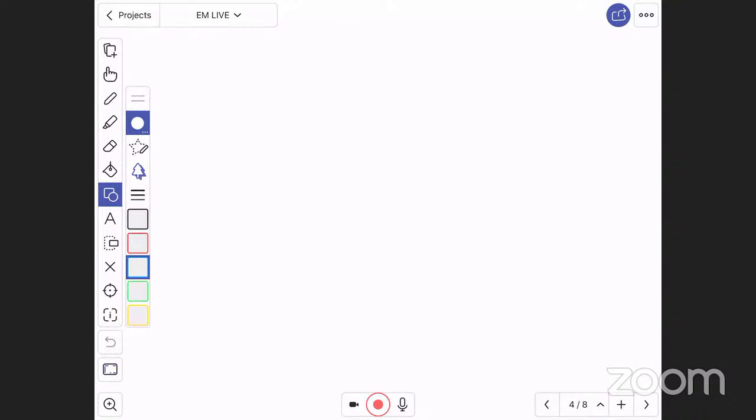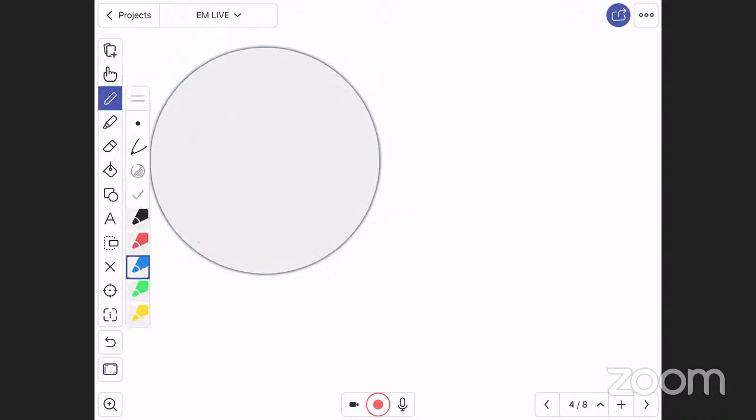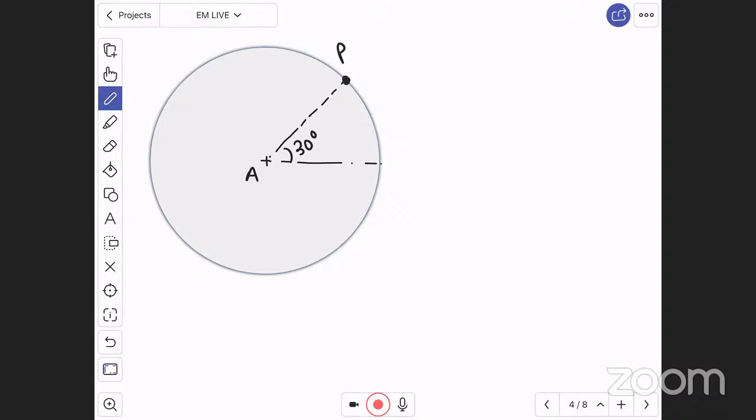Right. Now there is a wheel. This is a wheel. Now here center A is moving. Let us say center A and point P will be here at 30 degree. At 30 degree, this is the point P. And let us say there is a ground.